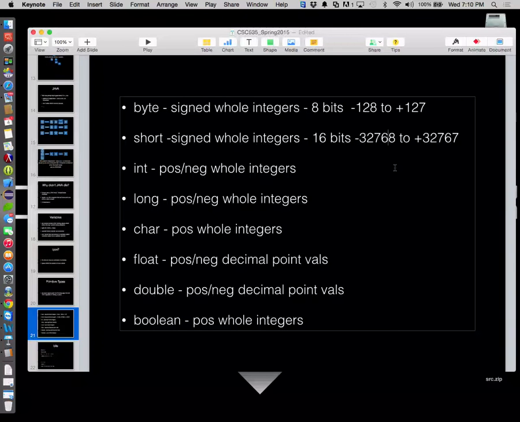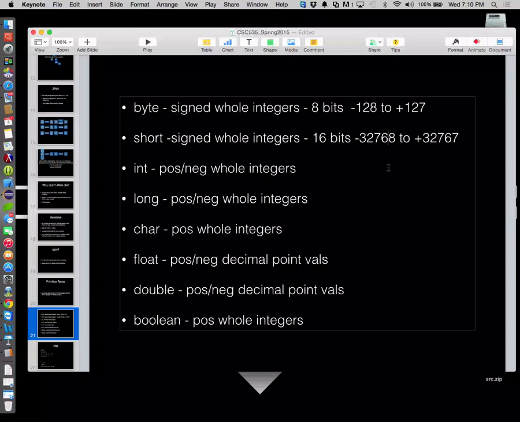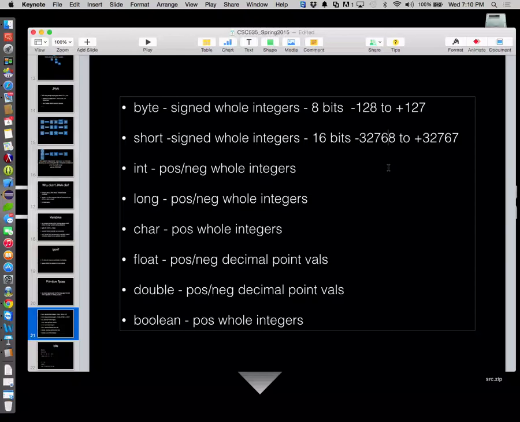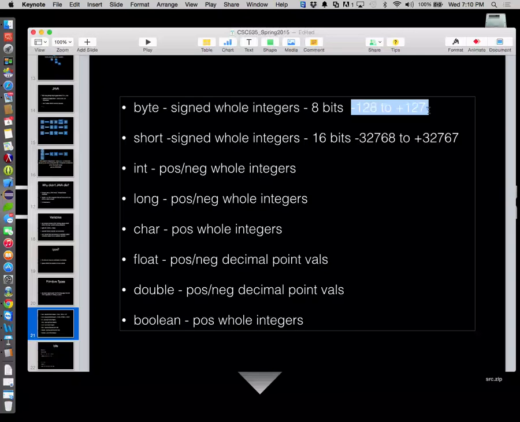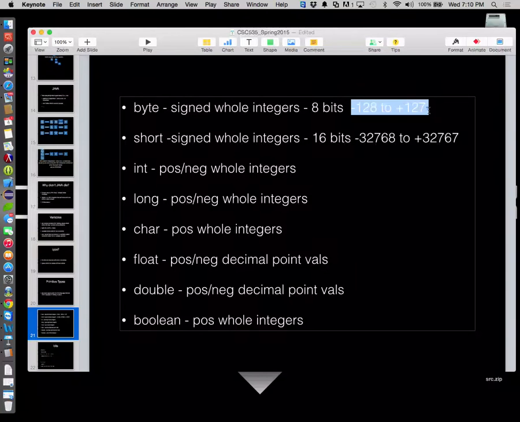So could this guy deal with counting between 1 and 1,000? Absolutely. Where byte couldn't, shorts can. Make sense? Because I can hold a value bigger than 1,000 inside of a short. I couldn't hold the value 1,000 inside of a byte. Didn't have the capacity for it. Didn't have enough bits to represent a number that big.